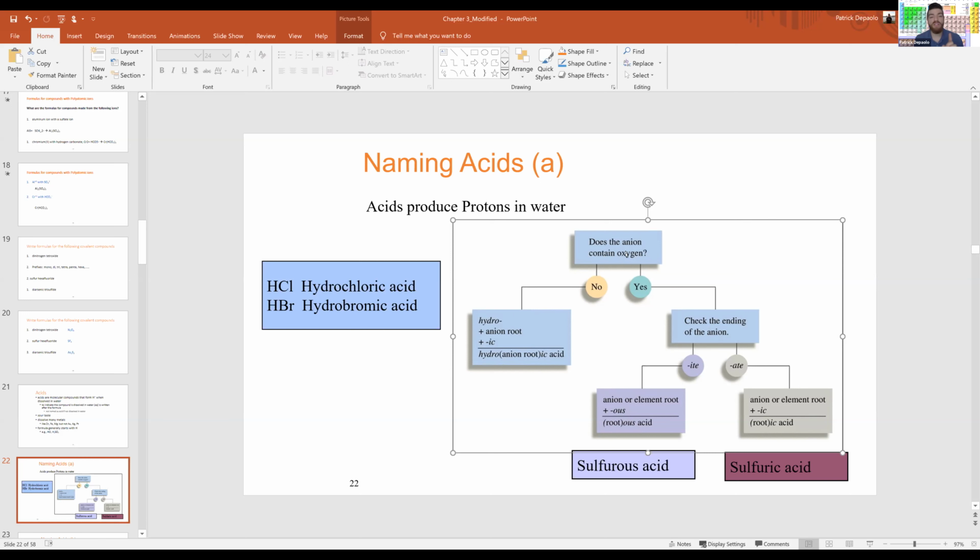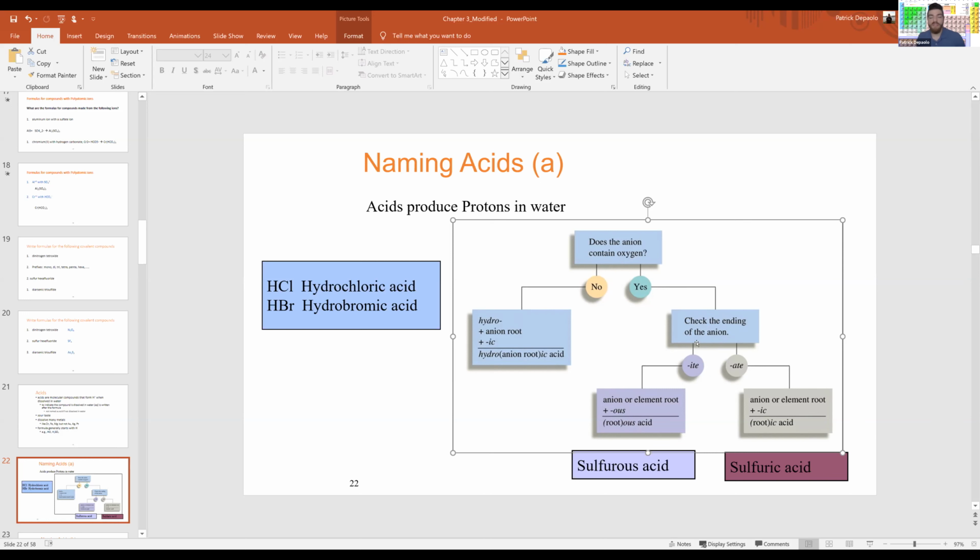If the anion contains oxygen, such as carbonate, sulfate, phosphate, a lot of these polyatomic ions have oxygen in them. Actually, most of them do. Then you need to check the ending of the anion. All of these are polyatomic.